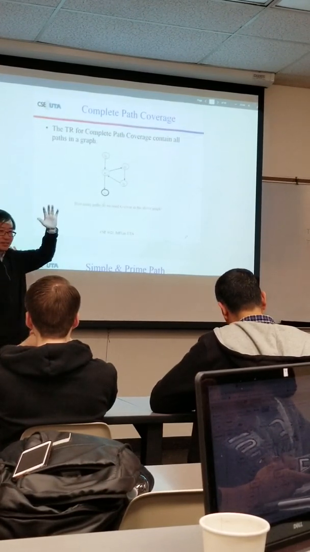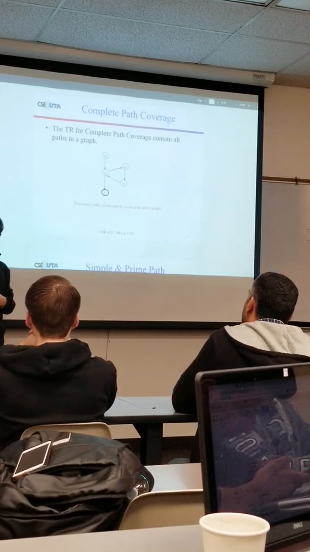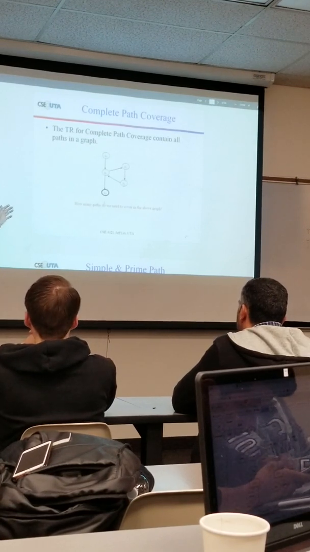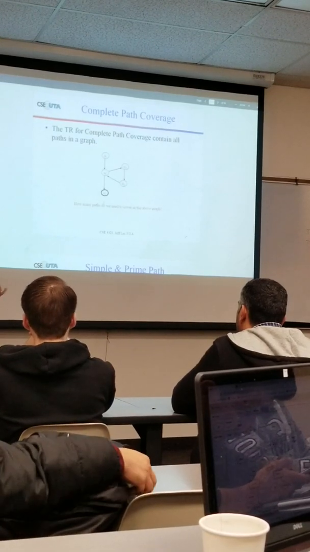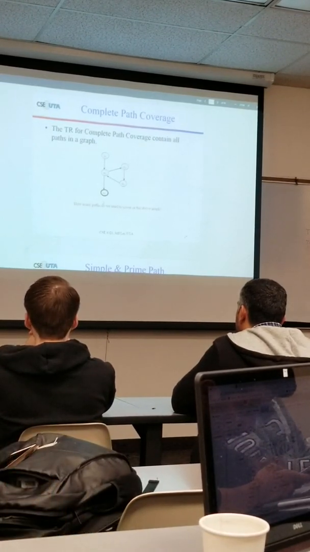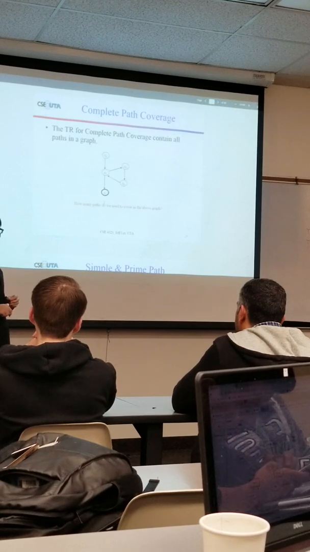And this is because you can imagine this coverage is at the top, right? So basically, we're going to test every possible path in the graph. That would be very comprehensive, right? Just like when we talk about combinatorial testing, you have the whole combinations.